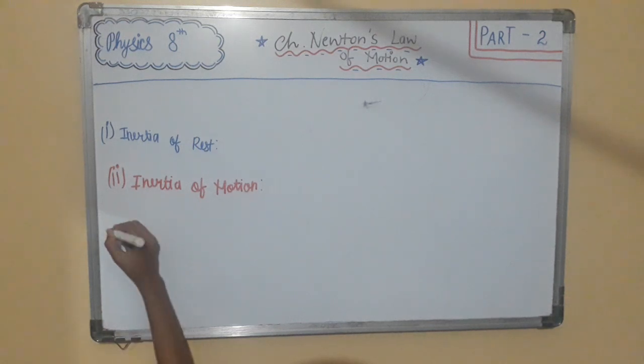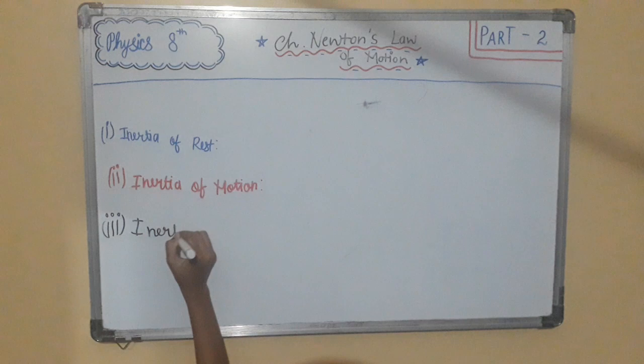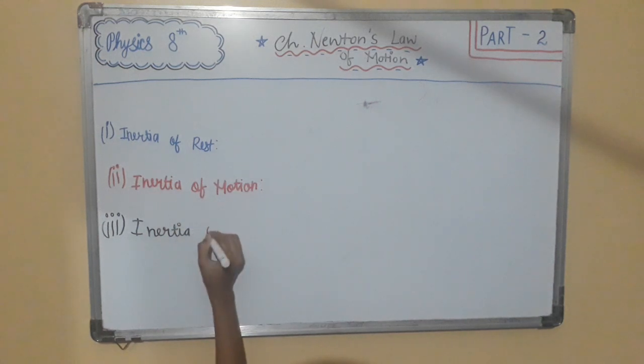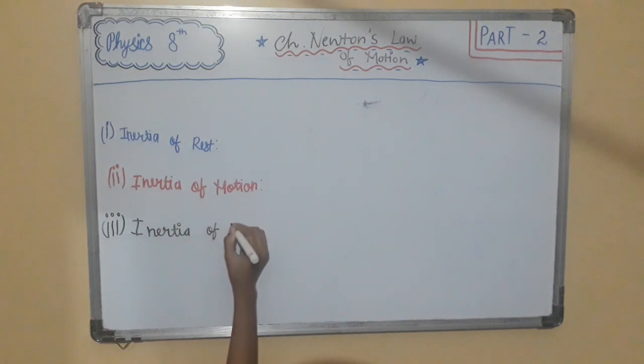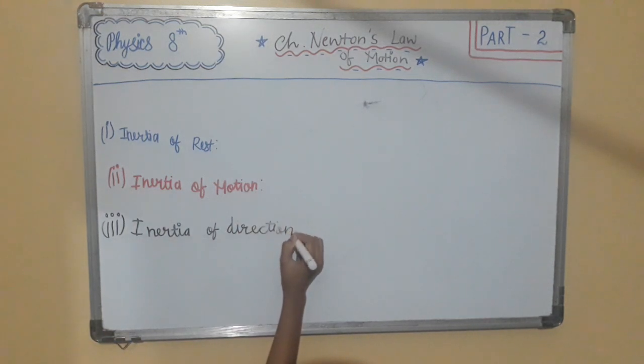Our third type is inertia of direction. It is the tendency of a body to maintain its direction of motion, known as inertia of direction.